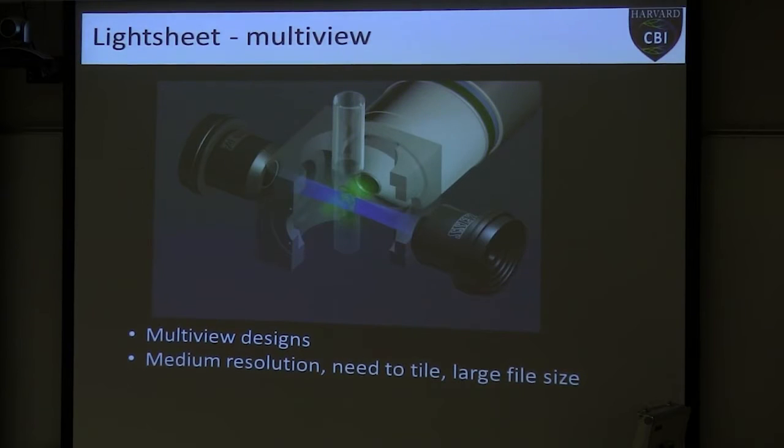The Multiview design came out of Ernst Stelzner's group, and a lot of his postdocs and grad students have gone on to further labs and have furthered the design. I think Phil Keller at Janelia Farm has really pushed the technology, and Jan Huisken over at MPI in Dresden.